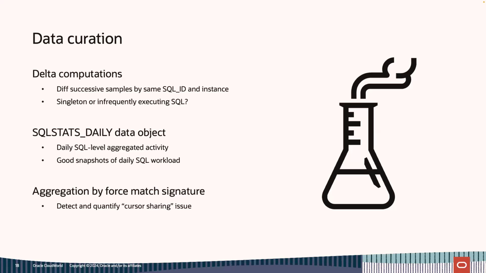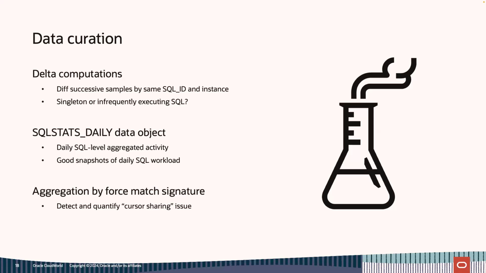What we plan to do, and it's definitely on the roadmap, is to pre-aggregate. In other words, to do the aggregation at the collection time, right? And that will provide us not only a much more accurate view and insights into cursor sharing issues, but when a database has cursor sharing issues, it will still allow us to collect a lot more SQLs, right?